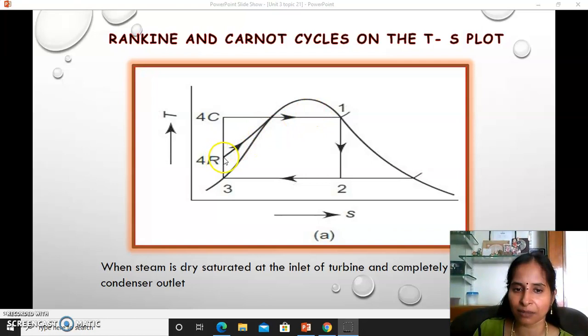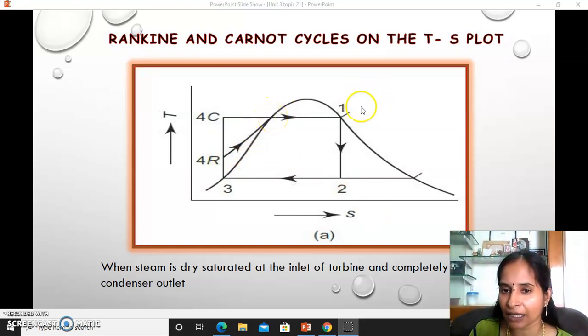What is this average temperature? If you take 4R to 1, it is continuously changing. The temperature of the heat supply is continuously varying, so the amount of heat supplied during the sensible heating is more, and only then does the latent heat of vaporization start.